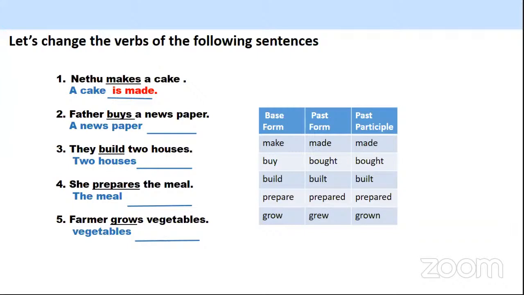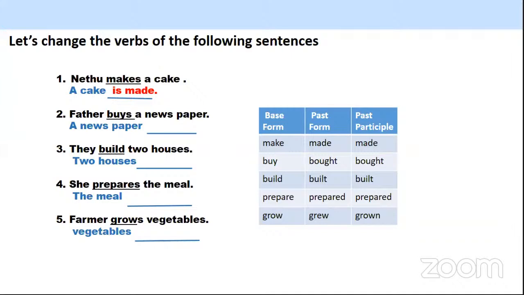Let's move on to the second one. Father buys a newspaper. Now you know what is the verb here? It is buys. It is also in simple present tense. Then look at the new subject, a newspaper. Then what is the helping verb that you are going to use there? As it is singular, you have to use is once again.